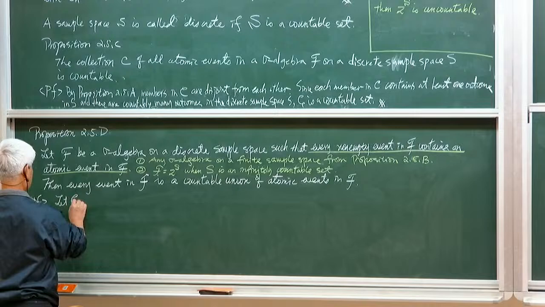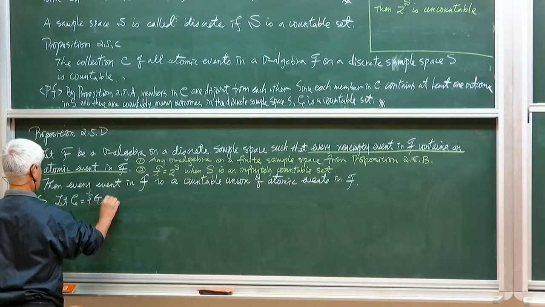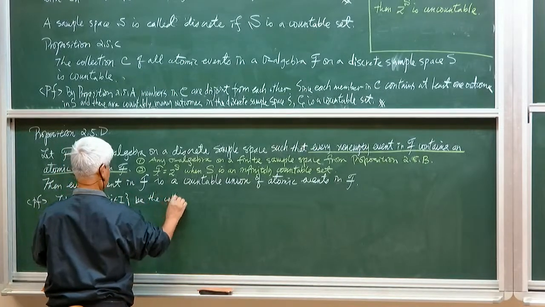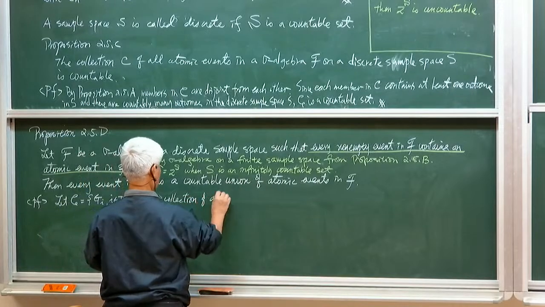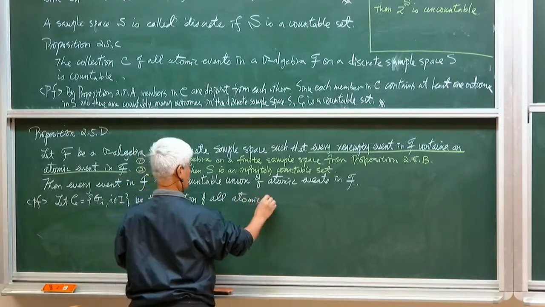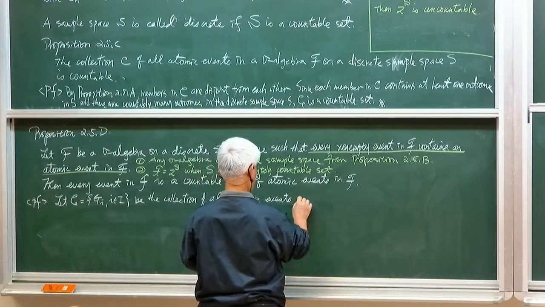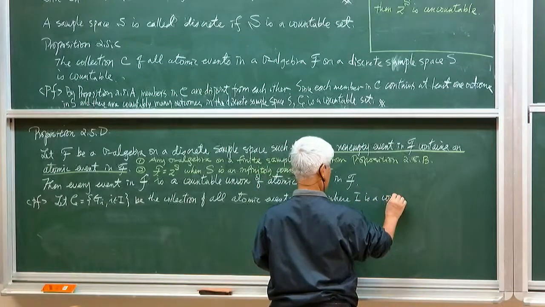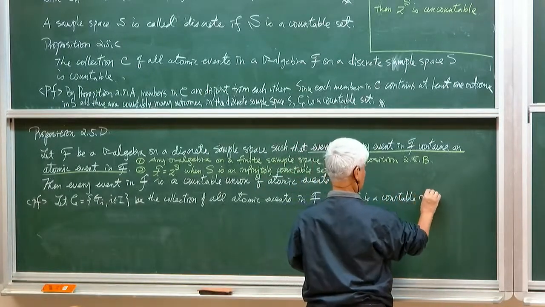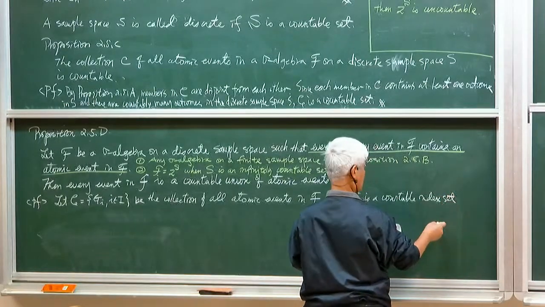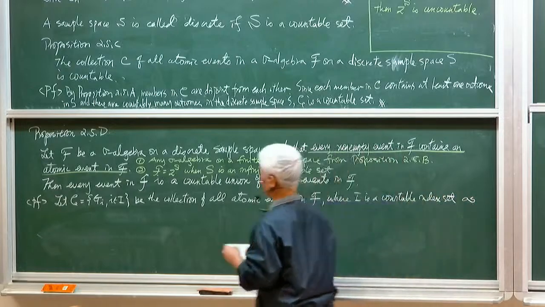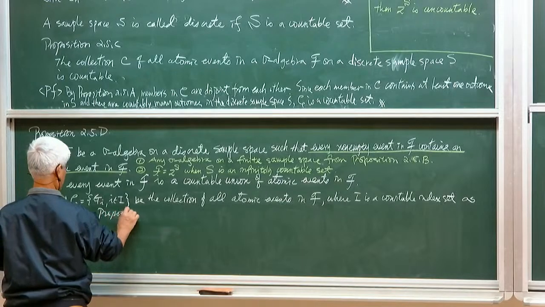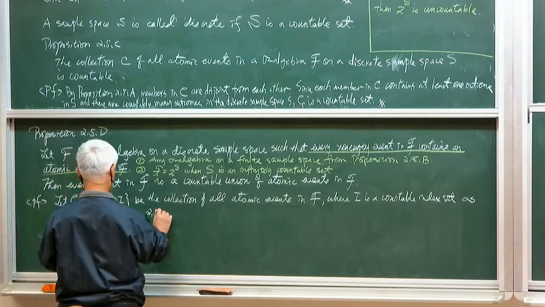So we let C be the collection of all atomic events G sub I in F, where I is a countable index set, as shown in proposition 2.5.c.